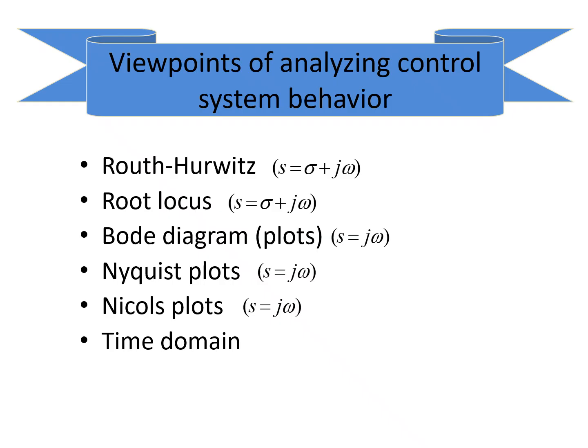Now we study the Nyquist plot, which is just s equal to j omega. It is not covered in our subject. Nichols plot is also not covered in this course. And time domain analysis we have done previously.